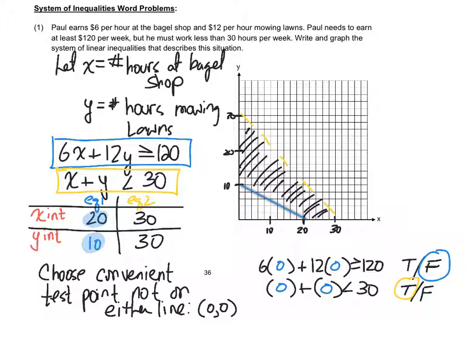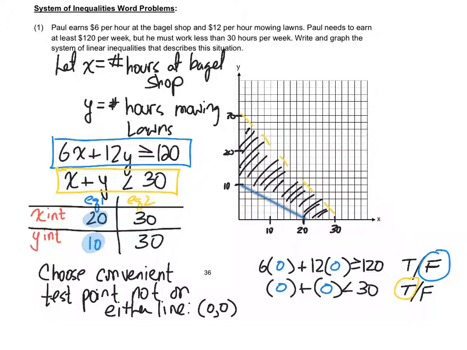If I'm doing 10 hours at the bagel shop and only 5 hours of mowing the lawn, I'm not going to make the amount of money that I need to make, and I'll satisfy the idea of not working a lot, but I'm not going to make a fair or reasonable amount of money. So if I'm living on a budget, I'm not going to satisfy the needs of my budget.